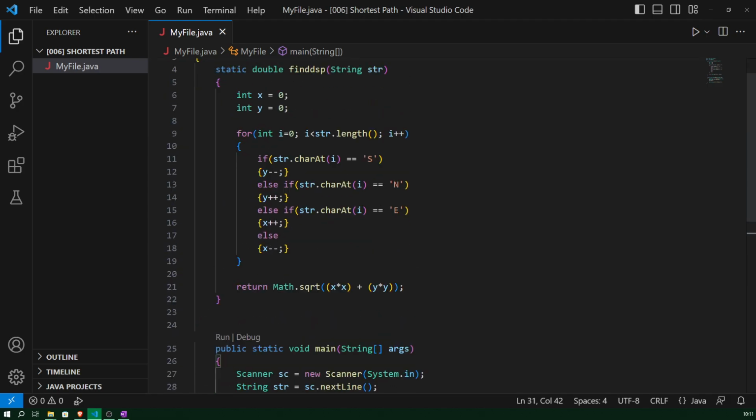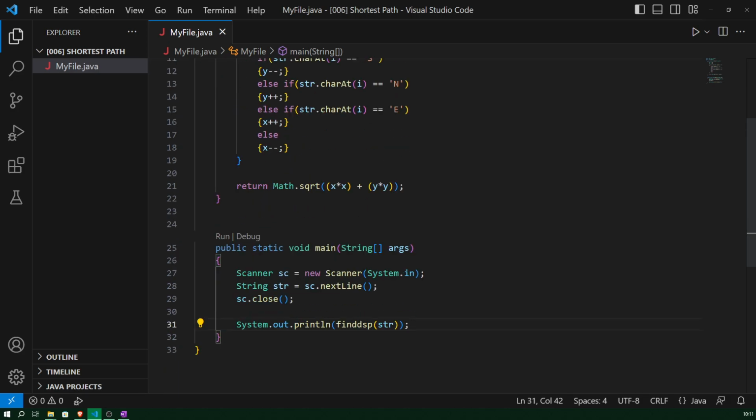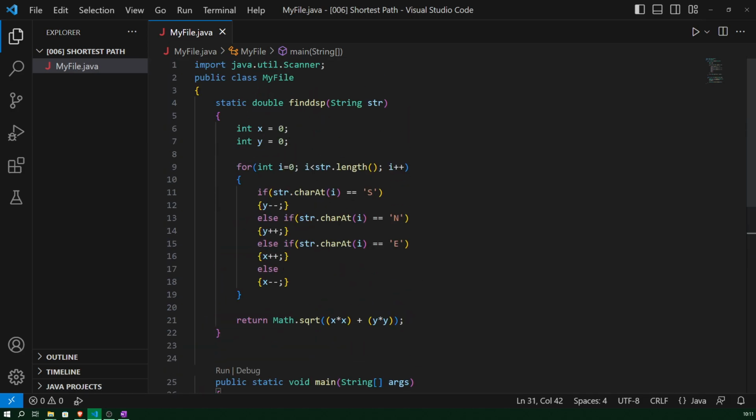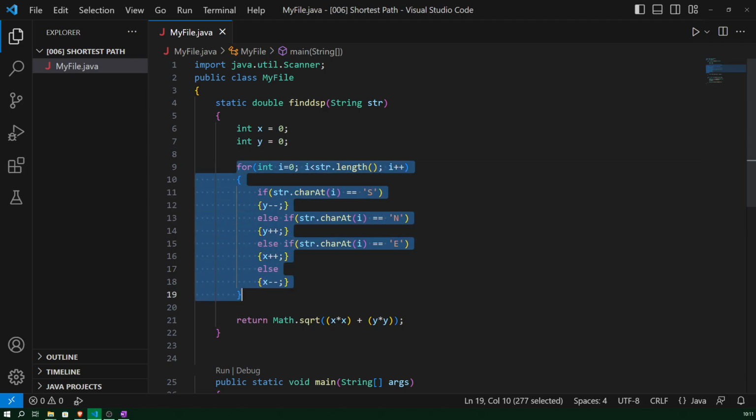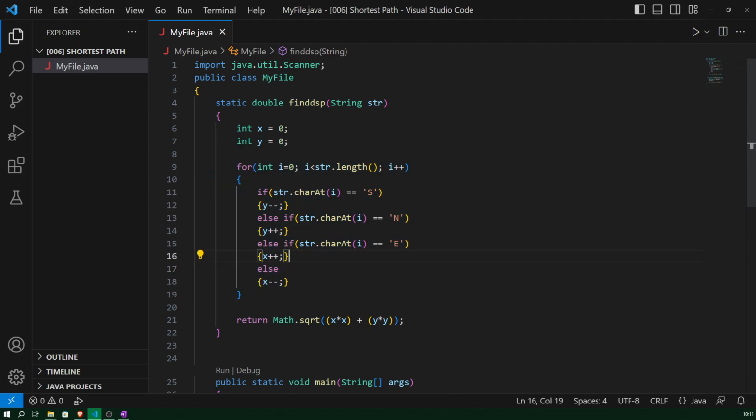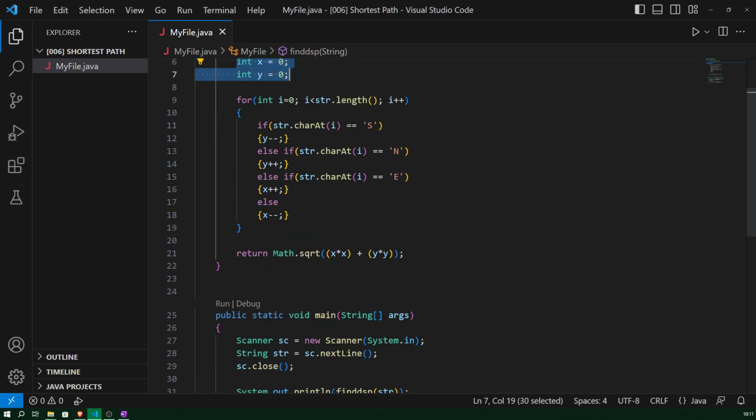So I hope the solution was easy, and the problem itself was also easy. All we need to do is to write this for loop, and then using multiple if else we need to increment and decrement the values of these coordinates. The important point to remember here is that we are always starting from origin. That's why we have directly used square root of x square plus y square.